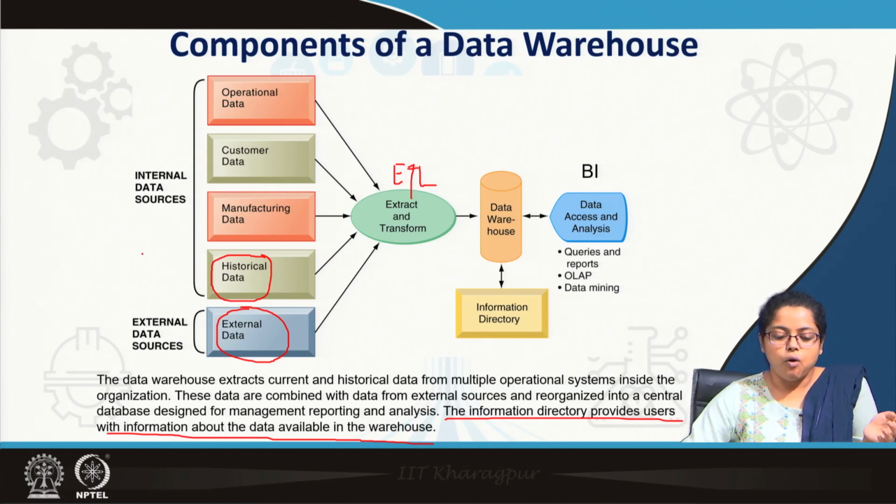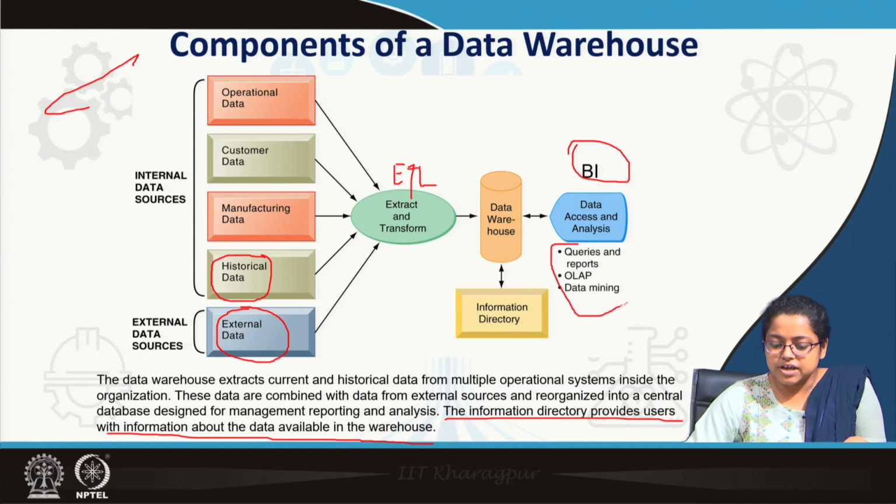Now, selected data from all of these systems resides in the data warehouse, and if you have to derive BI, which is business intelligence, you have to perform certain operations on the data from the data warehouse. Data is accessed and analyzed using certain tools and features to derive business intelligence from the data in the data warehouse.